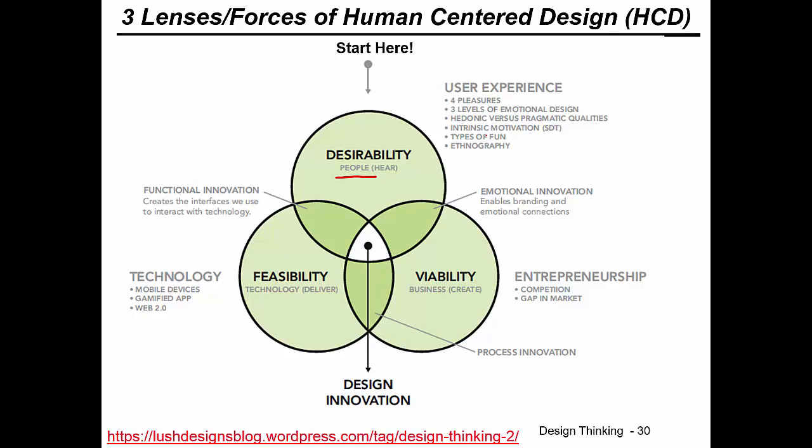The second is the technology force. We want to make sure that whatever technology we use, it is feasible for us from the technical viewpoint to develop the product and service where the technology is embedded. Third is the business aspect.